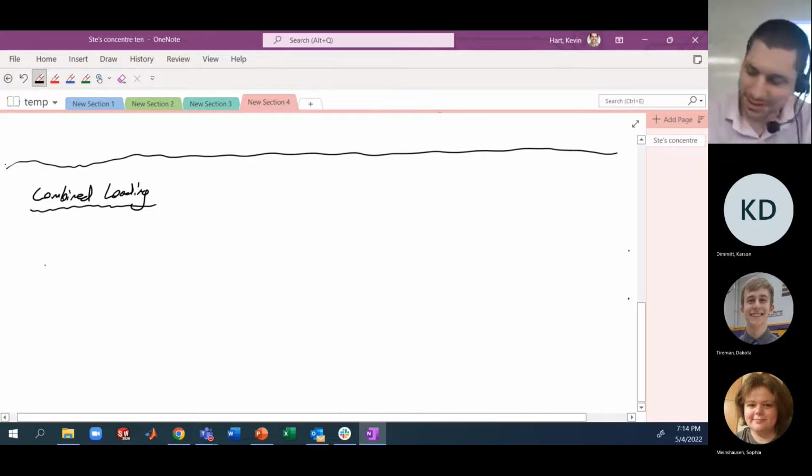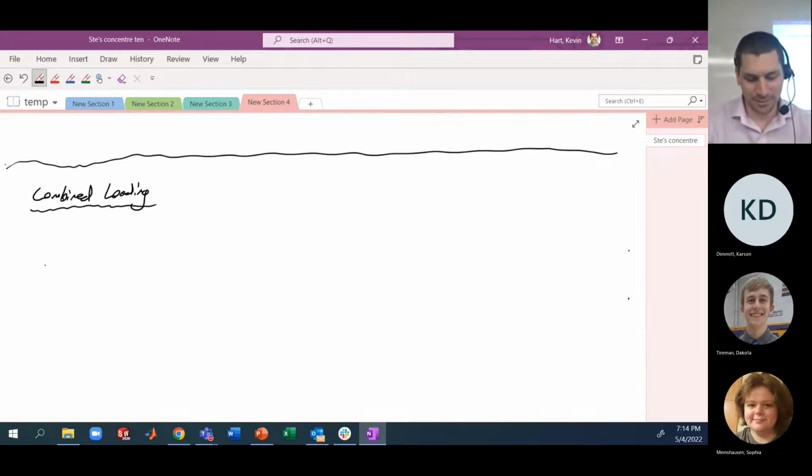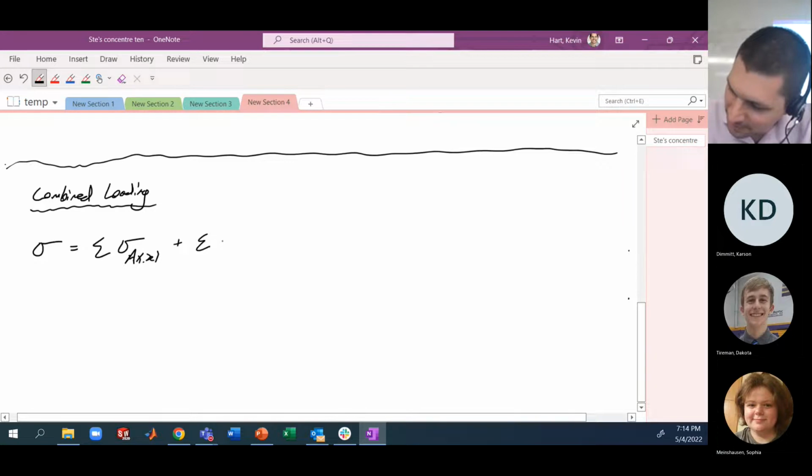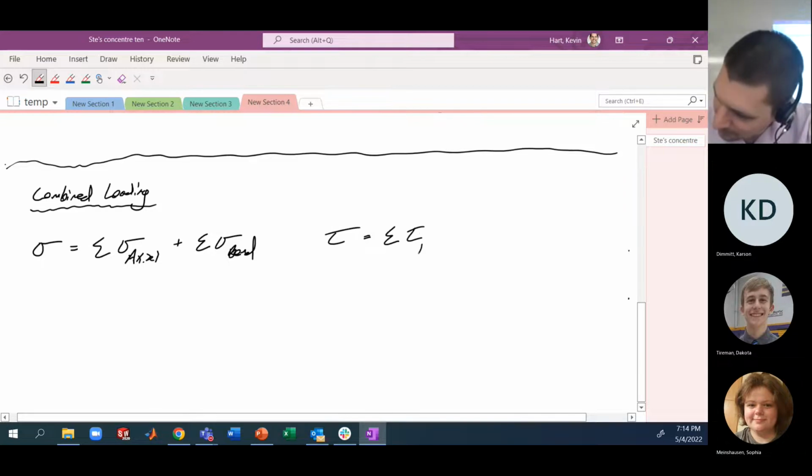Okay, combined loading. The general idea here is that we're going to look at some portion of a piece that has multiple loads on it, and you could have stresses that develop in a piece from a variety of different loads. So generally you might say that some normal stress is a summation of some axial contributions plus some bending contributions, and that your shear loading is some shear loading that might come from torsion, plus some shear loading that might come from transverse shear.